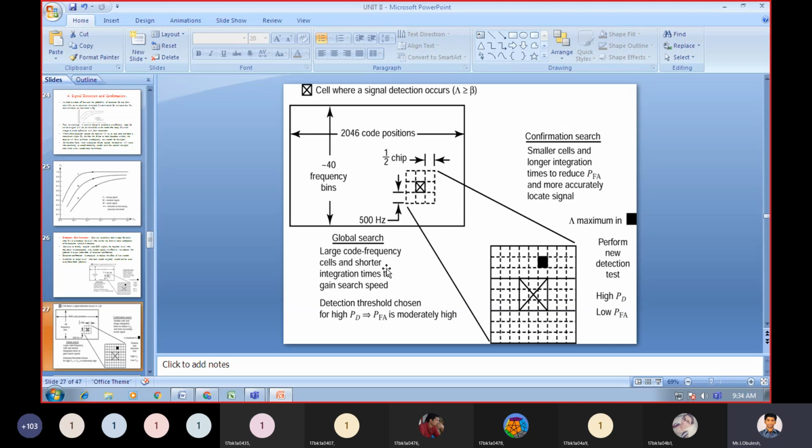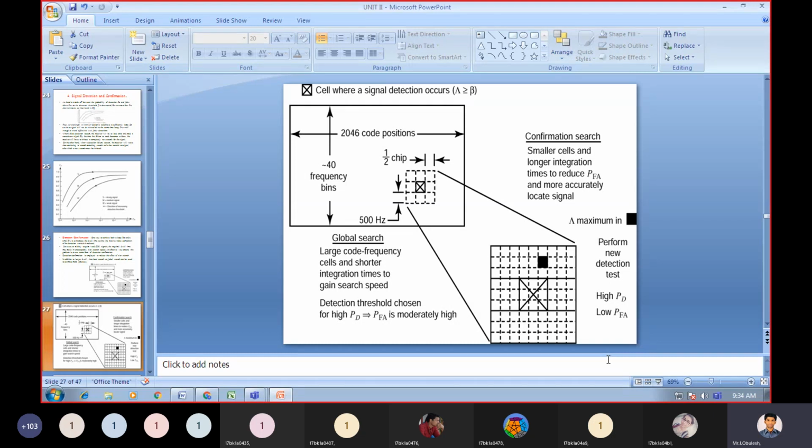If it is a global search, what will happen? Large code frequency cells and shorter integration times to gain search speed, and the detection threshold chosen for high PD is such that PFA is moderately high.